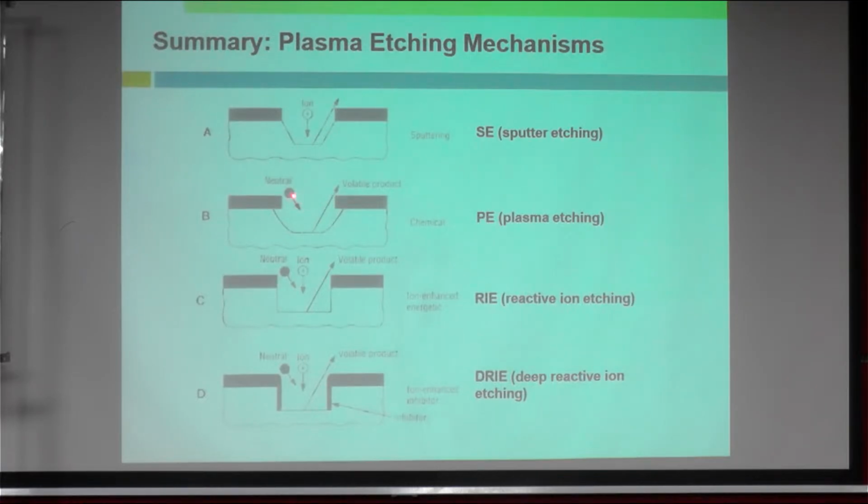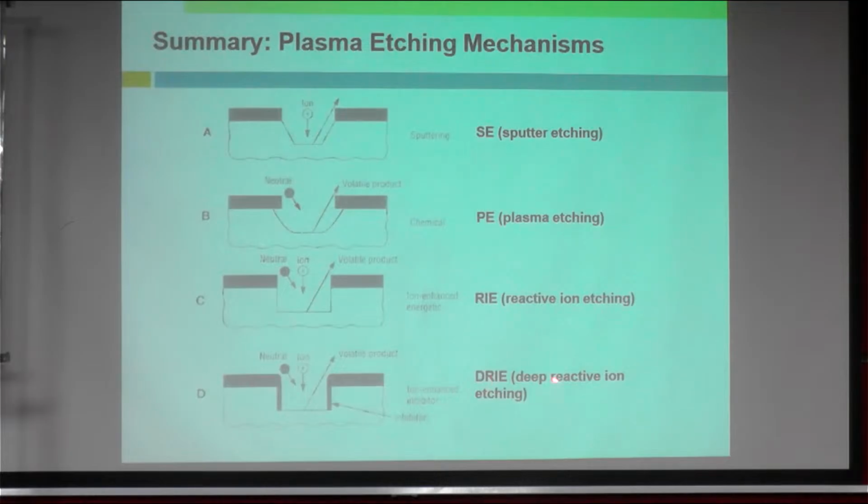The directionality of the ion might work, but somehow the undercut can happen because of a chemical process. This is sputtering, this is chemical. So with reactive ion etching, with control of the process, you can have a straight cut in this way. So that is very good.